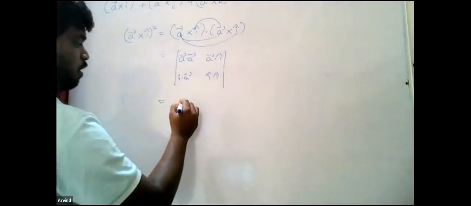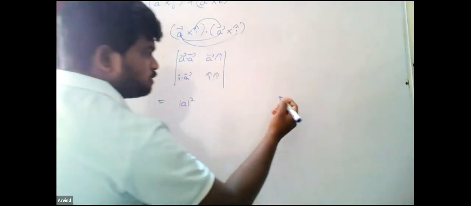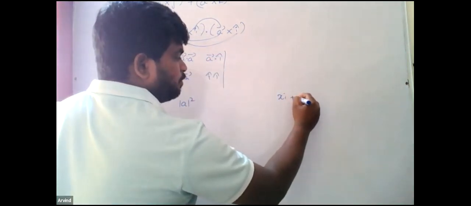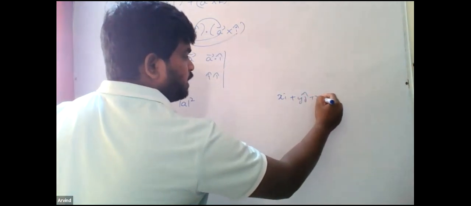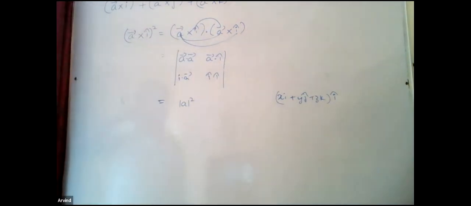A dot A is nothing but mod A square. And A dot I, suppose A is X I cap plus Y J cap plus Z K cap. You do the dot product with I cap.